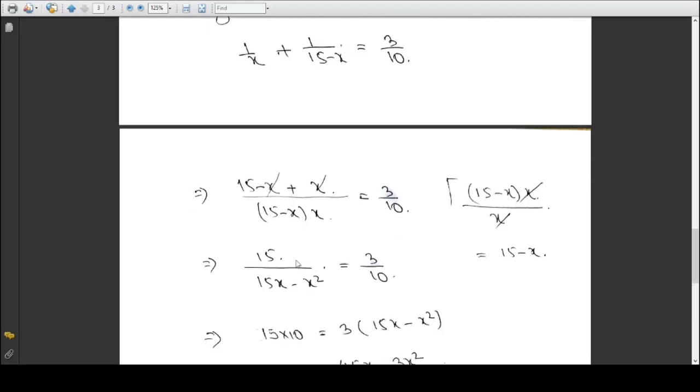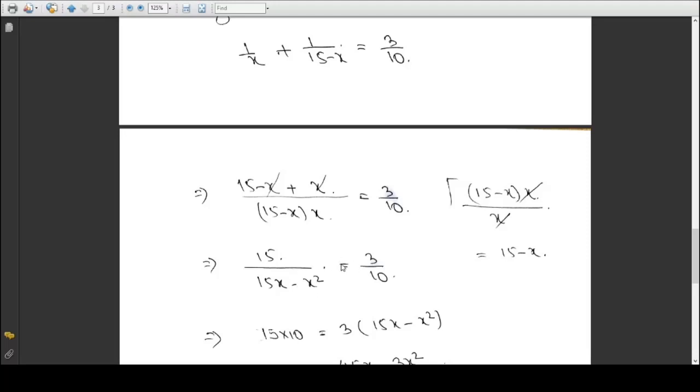Now the next step. Here minus x and plus x cancel, because 1 is plus and 1 is minus, so x is 0. That means you will have only 15 in the numerator, and in the denominator x multiplied by 15 is 15x, then x multiplied by x is x square, with the minus sign, minus x square.